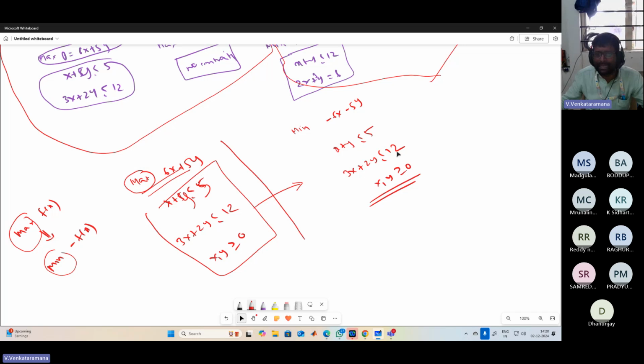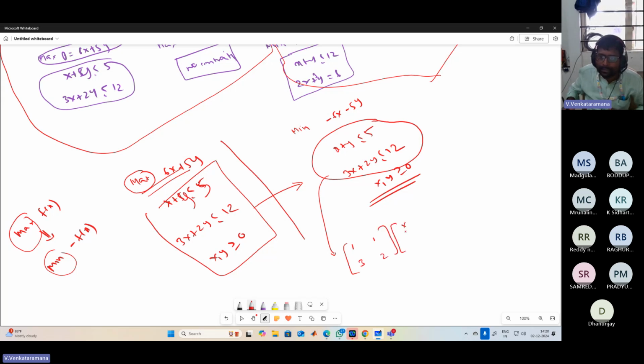Now coming to the constraints. We have to convert these constraints into the mathematical matrix form. Matrix form means the x coefficient is 1, the y coefficient is 1, here the x coefficient is 3, and the y coefficient is 2, multiplied with x and y.